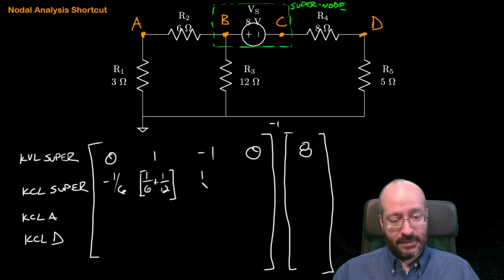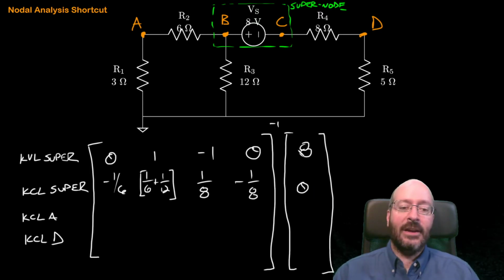So it's positive. I'm going to get 1/8 because it's only this one this time. And then what is connected to the supernode that's also connected to D? And I see this 8 here, so it's negative 1/8. No current supplies on that one. Right-hand side is 0. Woohoo!